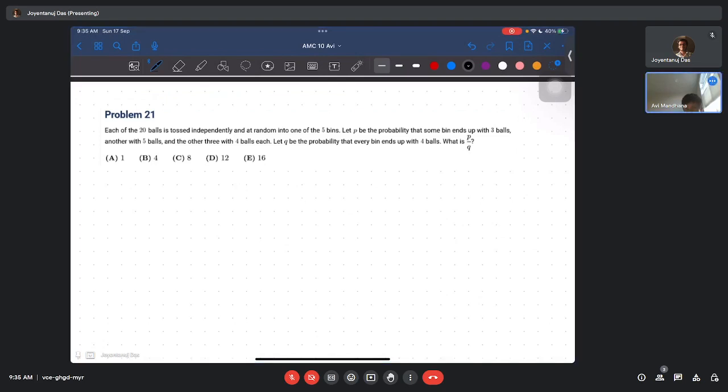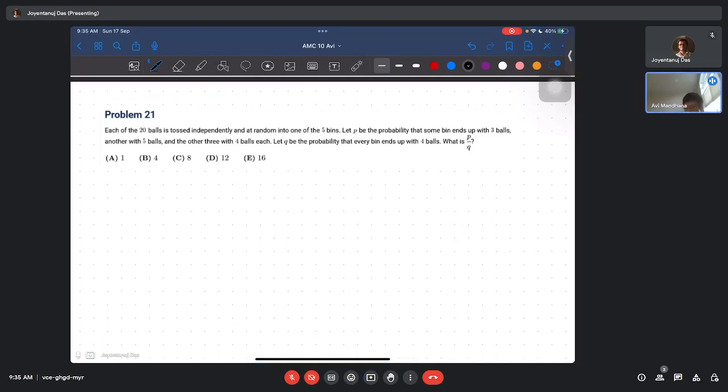So P over Q would just be P, or is there multiple ways Q is possible? No, P and Q will be fixed. P is the probability that some bin ends up with three balls, and Q is the probability that every bin ends up with four balls. So the probabilities are fixed, then you have to find P over Q. That is the next step.